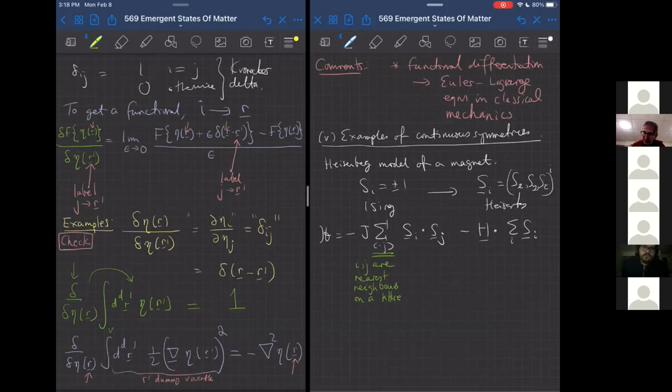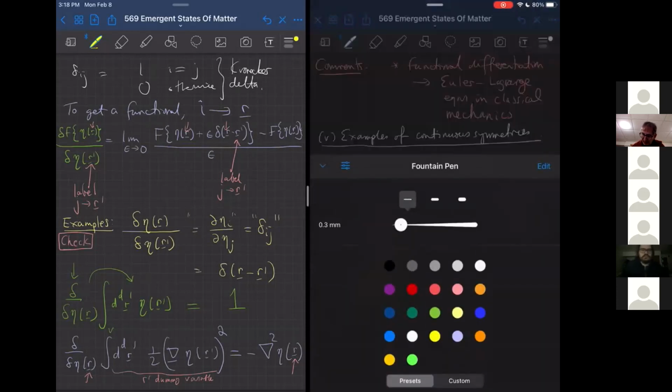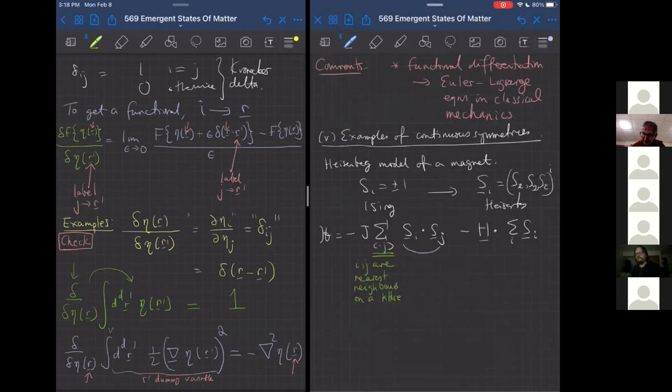And notice that what's special about it is that this term here just depends on the angle between the spins. Right, because S_i dot S_j is the magnitude, which is 1, times cosine theta.